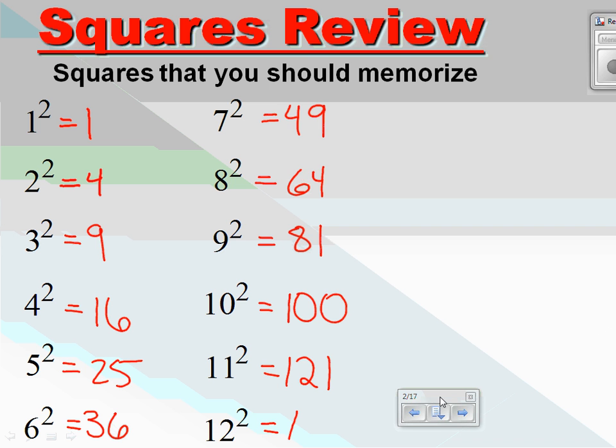And 12 squared is 144. I hope you guys got all this because it's really, really important that you remember and memorize these squares. All right, let's go to the next slide.